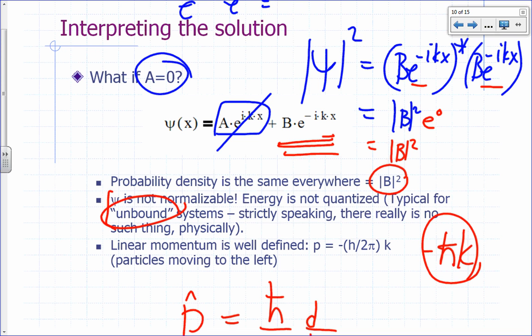Very well defined. You know exactly what the linear momentum is, but what's the consequence of knowing exactly what the linear momentum is? You have no idea where it is. Okay? So here's your momentum, negative h bar k. Remember, h bar is h over 2 pi.